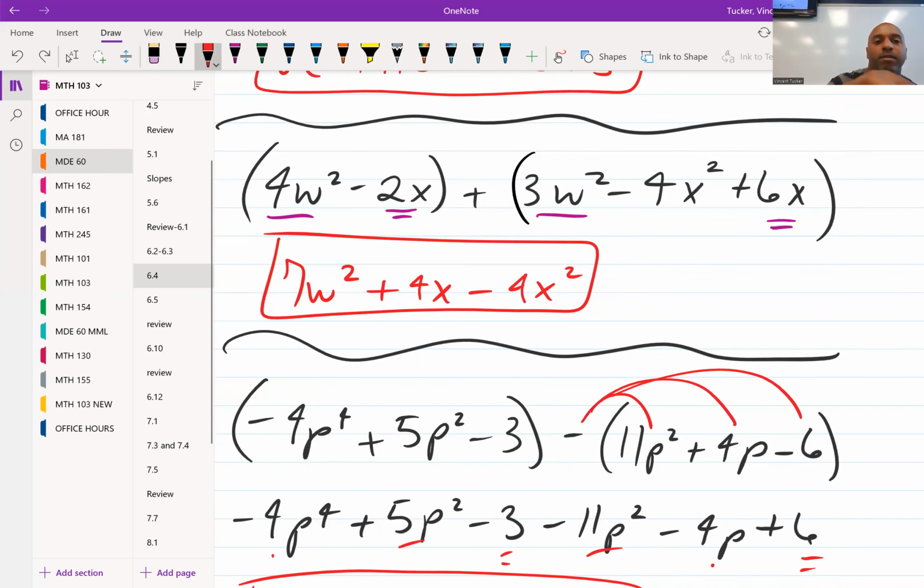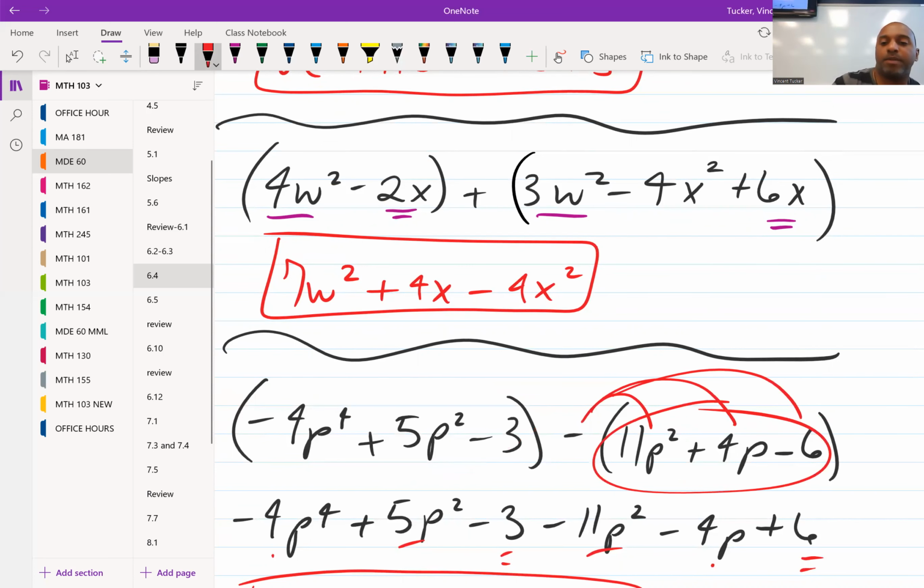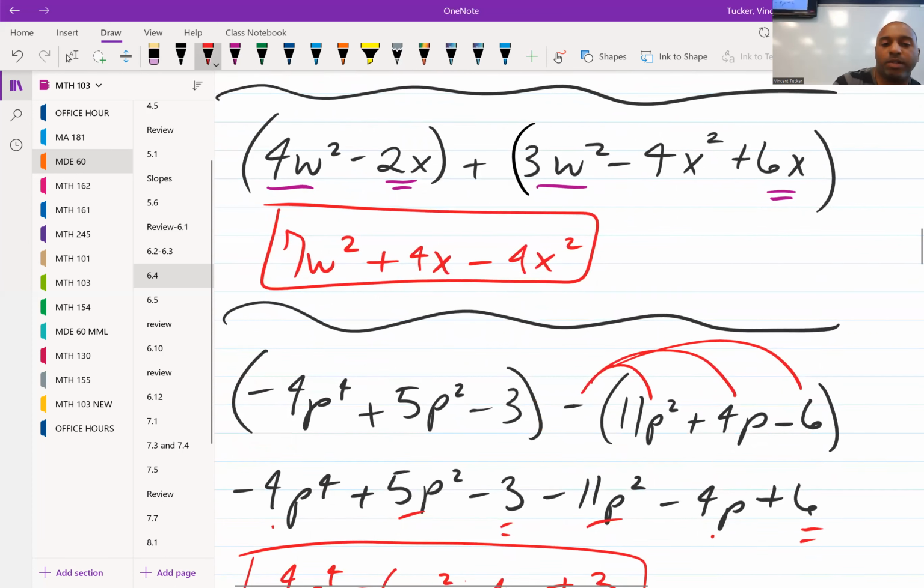So that minus sign needs to affect each one of the terms in the parentheses. All of these will stay the same, and all of these will be the opposite. So that's negative 4p to the fourth plus 5p squared minus 3, and that's negative 11p squared minus 4p plus 6, because negative turns positive.